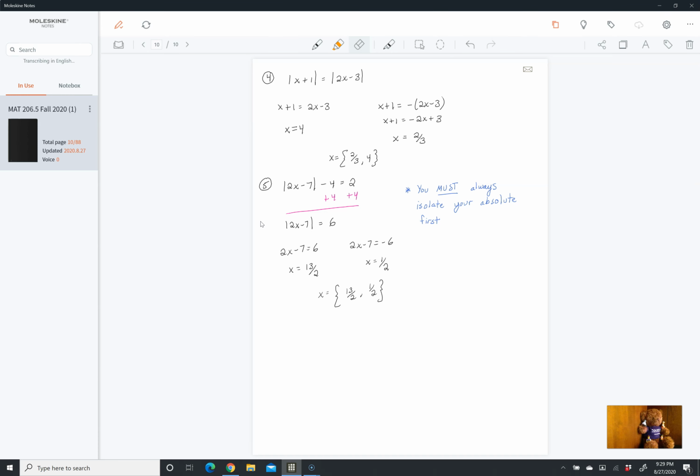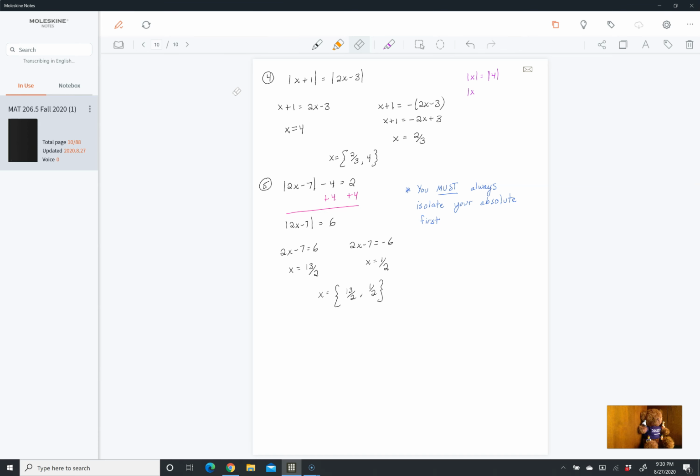And the last thing here is, why does this work this way? I want you to consider, I'll put this in purple because it's a slightly different explanation. I want you to consider absolute value of x is equal to absolute value of 4.